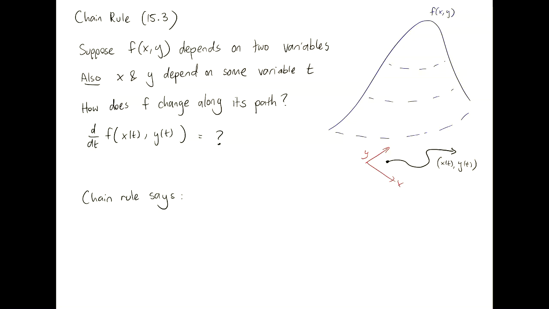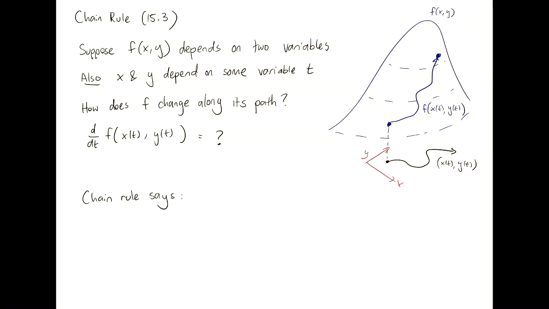And the question is, if I then look at how that curve goes on my graph, which might look something like this, what I have here is f of x of t, y of t. This is a really helpful way that we're going to be thinking about these surfaces all the way through.